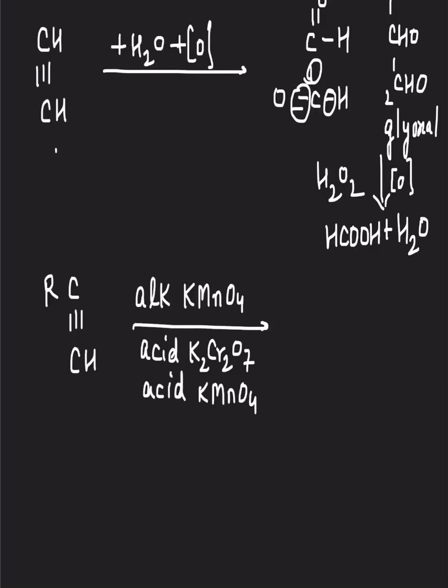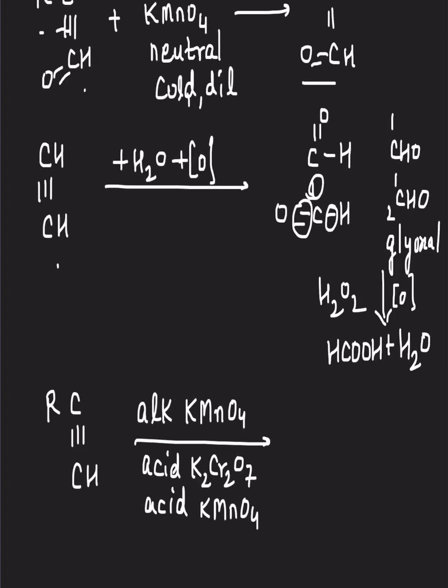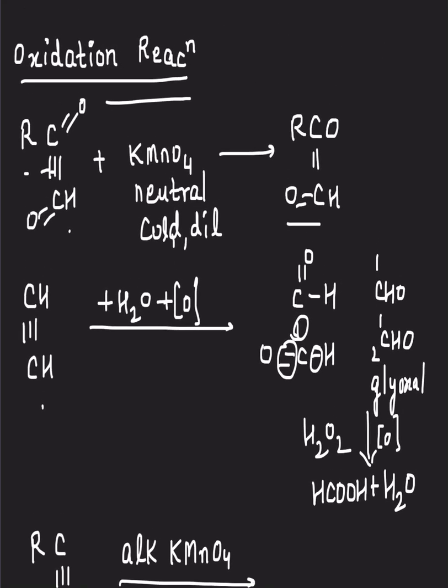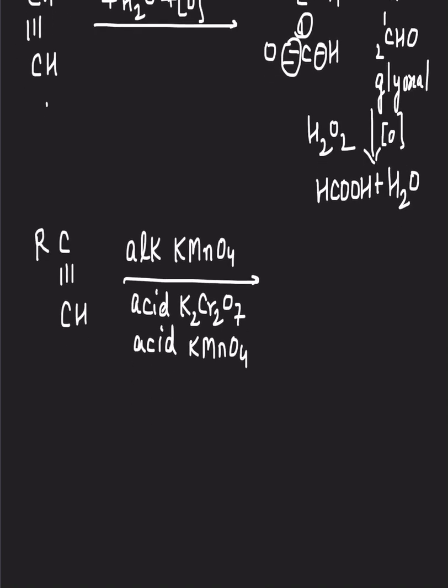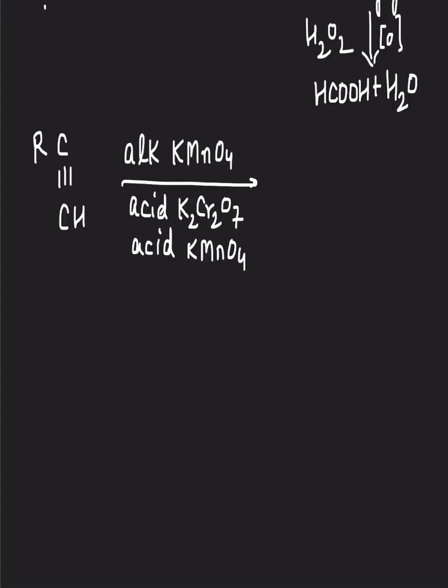Now coming to strong oxidation, see, neutral KMnO4 is a weak oxidizing agent. So the first one that we spoke about, we meant to carry out oxidation under weak conditions. Now what we've got is oxidation under strong oxidizing agents.